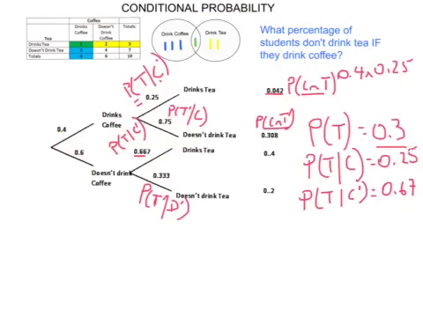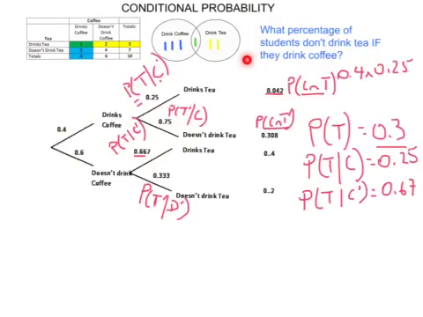Given a group of students who drink coffee, what's the percentage or the proportion or the probability that a student doesn't drink tea? Given we've worked out whether they drink coffee or not, and in this case they do drink coffee, from this group, what's the proportion that doesn't drink tea?